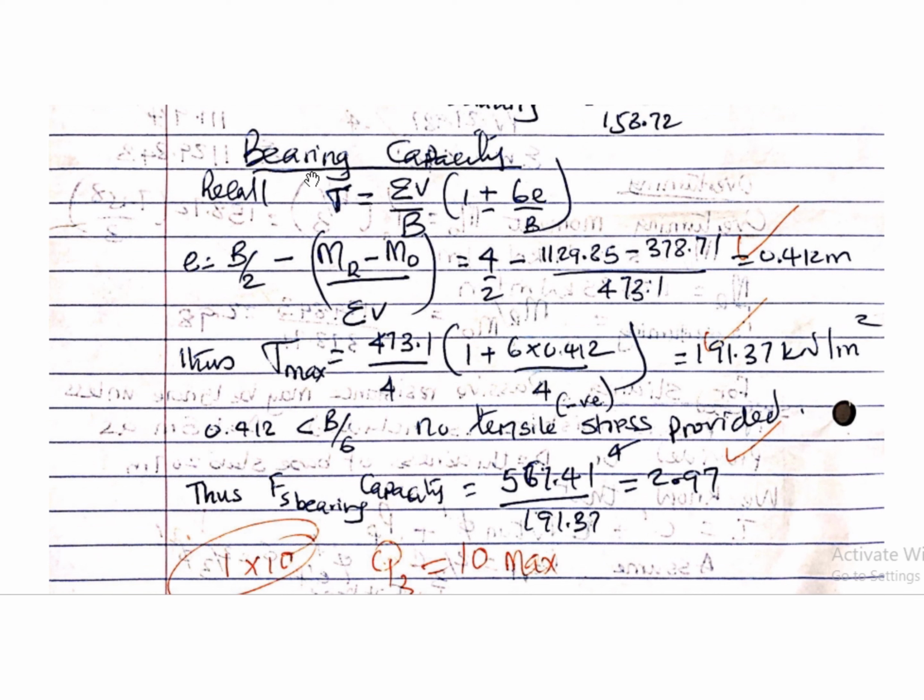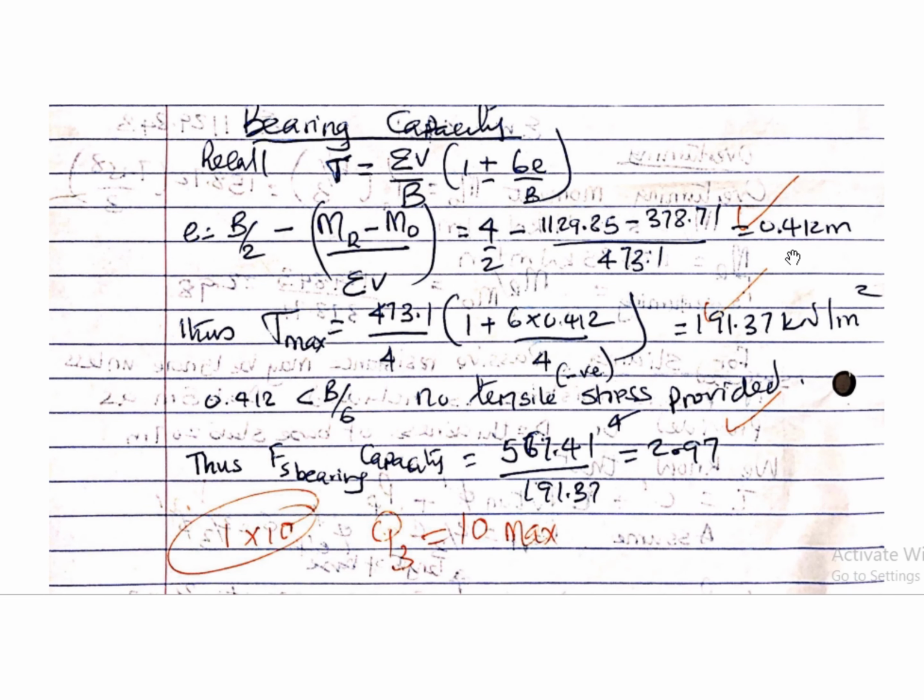And then for bearing capacity, we know this formula: V over B times 1 plus or minus 6e over B. And then to find the eccentricity, you find the difference between the resisting and overturning moments divided by the total overall vertical force, and the difference from half of the base is your eccentricity, which is about 0.412 meters.